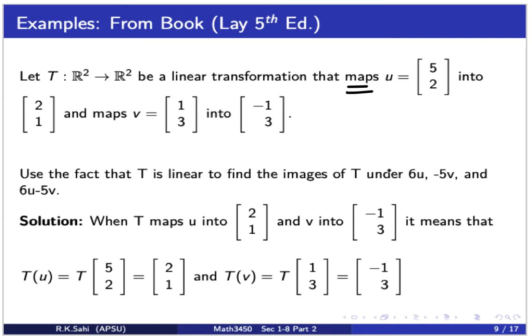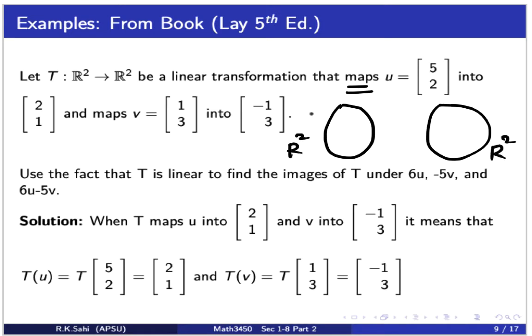What does that mean? I have a transformation. As usual, it's better to make little graphs. So I have a linear transformation from R squared to R squared.